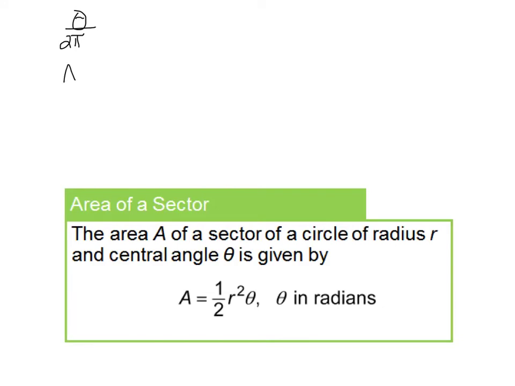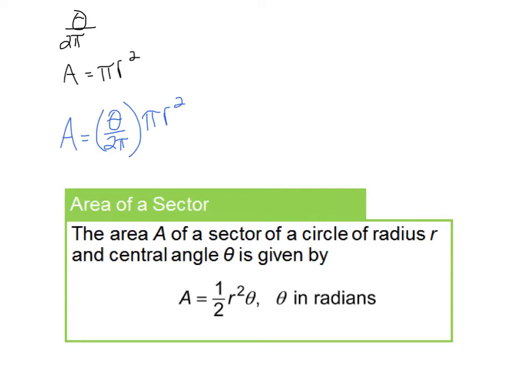If we think about the area of a circle, we know the formula to be pi r squared. So what we can do is say, well, I want this proportion of this amount. What that gives us is theta over 2 pi times pi r squared.